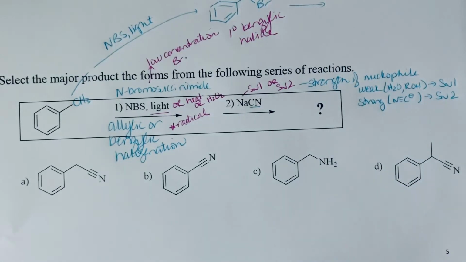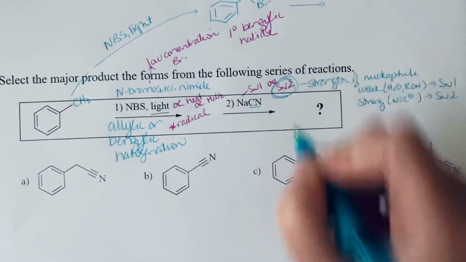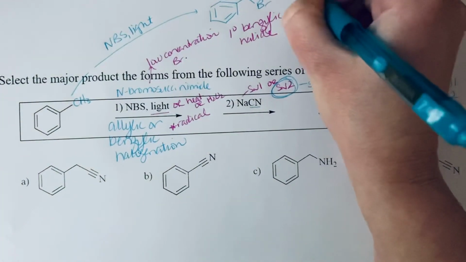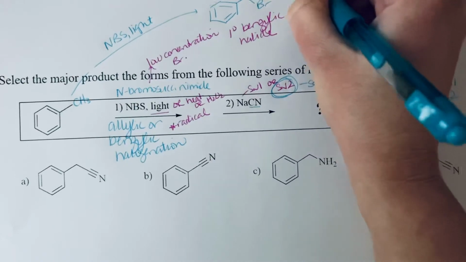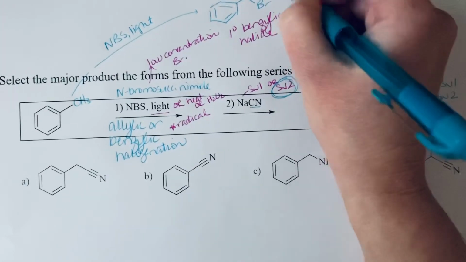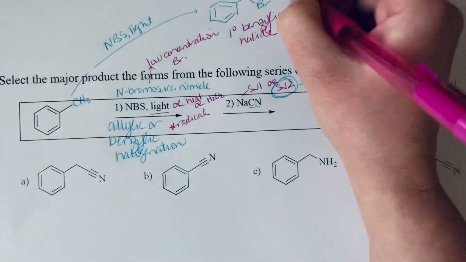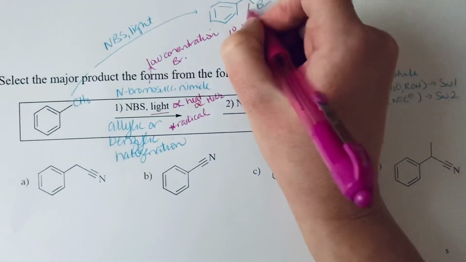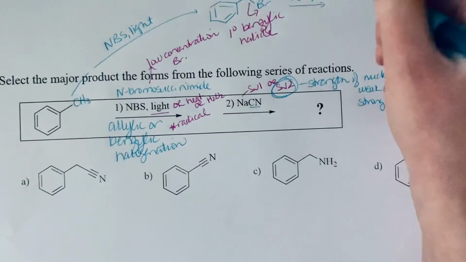So we expect that this is going to go through this SN2 pathway because of that strong nucleophile. So we have our cyanide ion. And the carbon is where you have the negative charge. So this is the nucleophilic atom that is going to attack the carbon where you have the bond to bromine, and then the bromine will be kicked off as a leaving group.